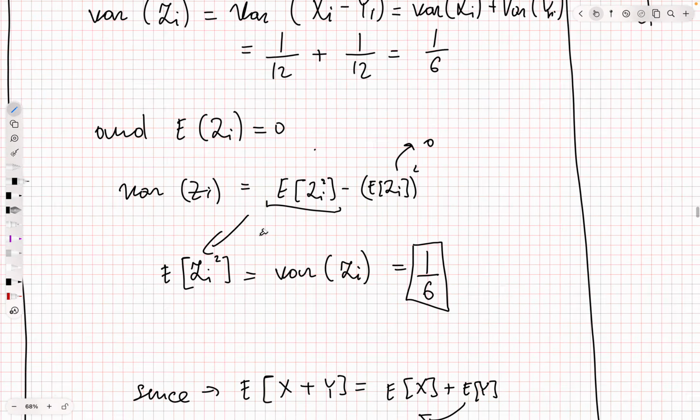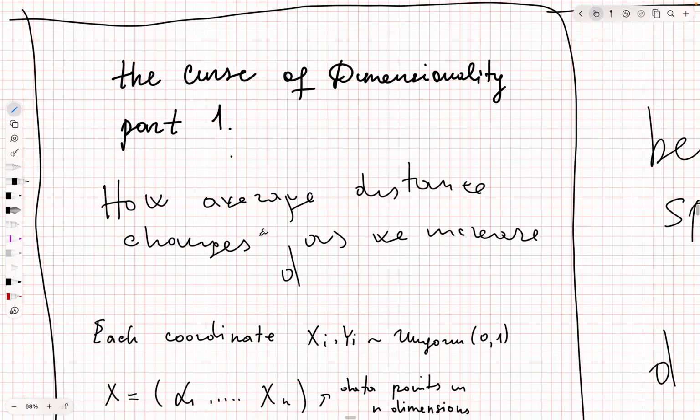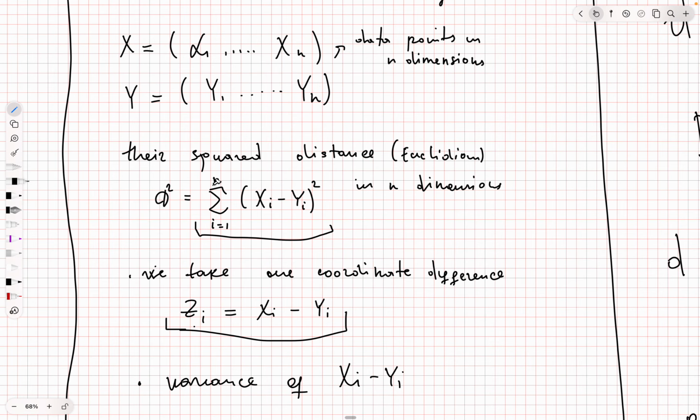So we had this here, and we were looking for the expected value of this. Instead of looking at the expected value of this entire expression, we can just look at the individual expected values and sum them.